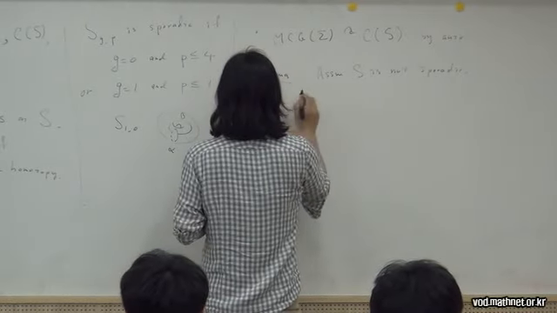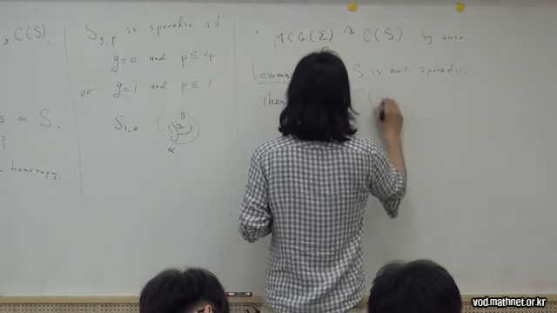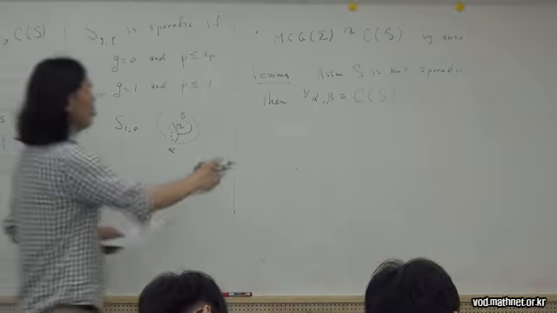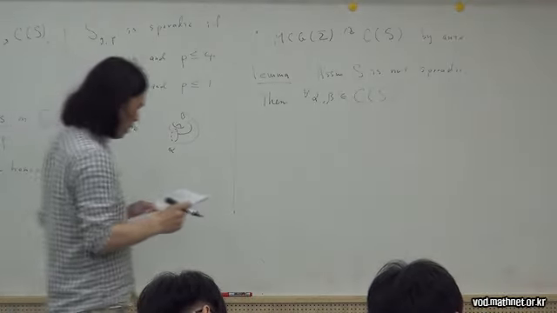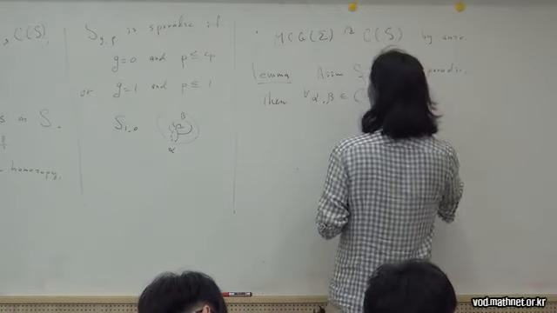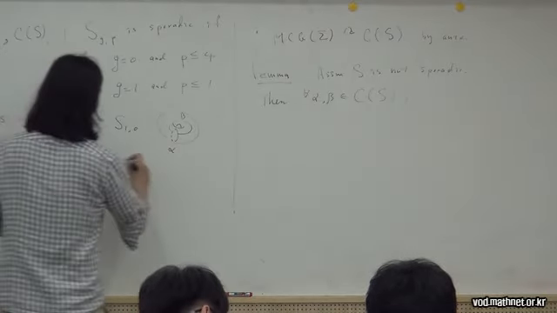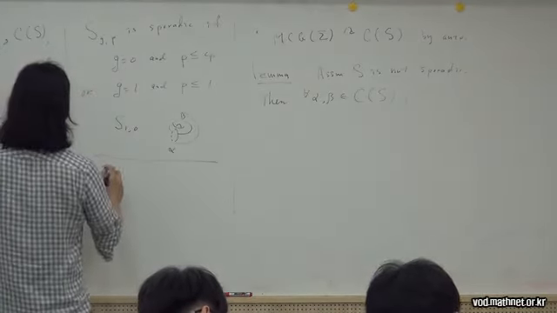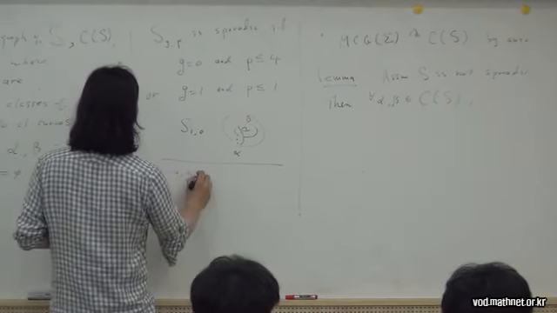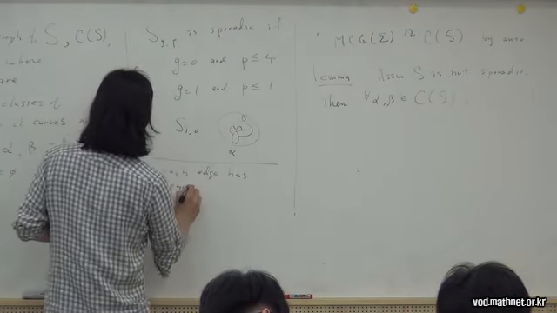Then for any alpha, beta in the curve graph, namely two simple closed curves, I should say now, each edge has length 1.